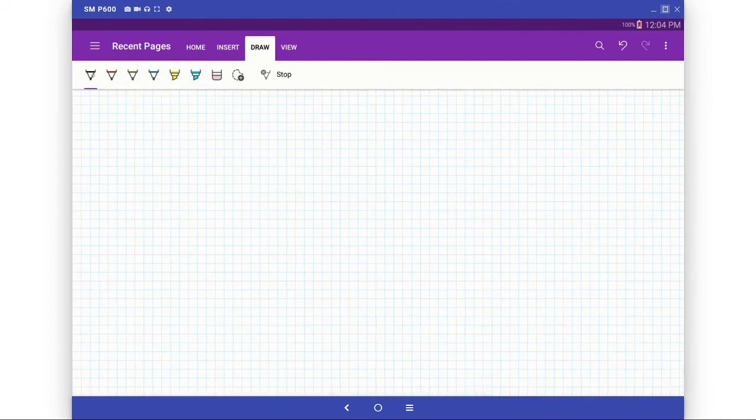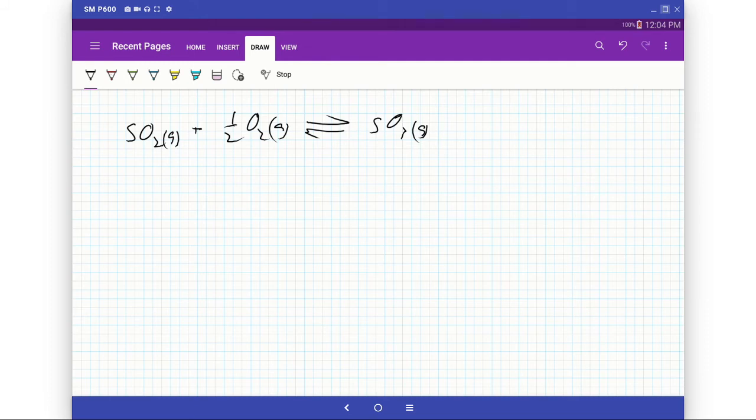So the first equilibrium that's present is that of SO2 plus 1/2 O2 as a gas in equilibrium with SO3 as a gas. And so here it's simply products over reactants.